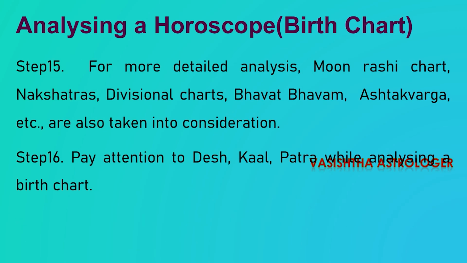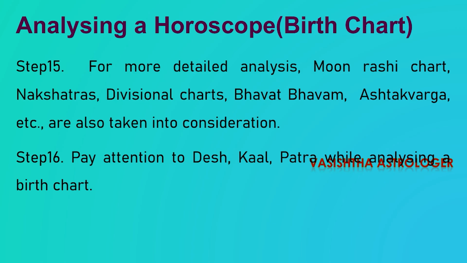For more detailed analysis, we also study nakshatras, moon sign birth chart, divisional charts like D9, D7, D10, etc., gochar of planets. If you want to study about age, longevity or health of the person, then we also consider marak grihas and some other concept related to longevity, which are some advanced topics. Bhavat Bhavam is also considered as and when required.